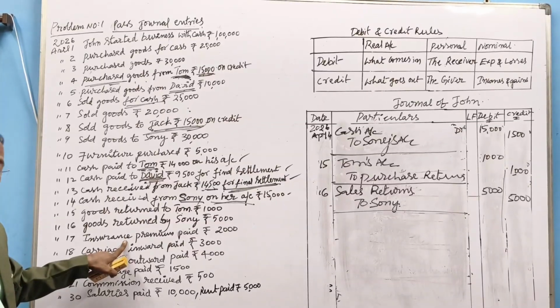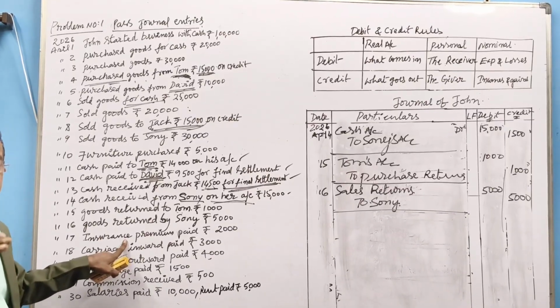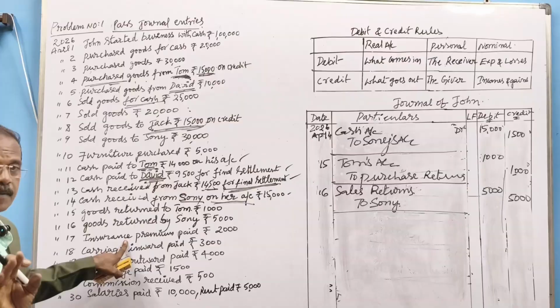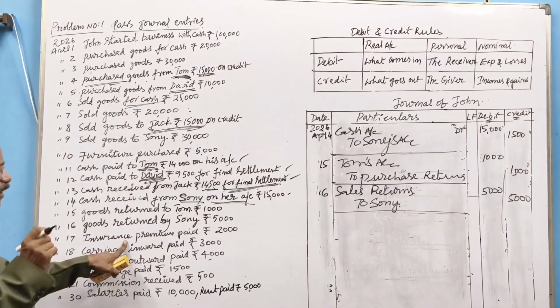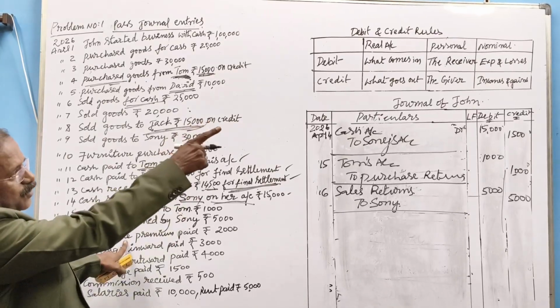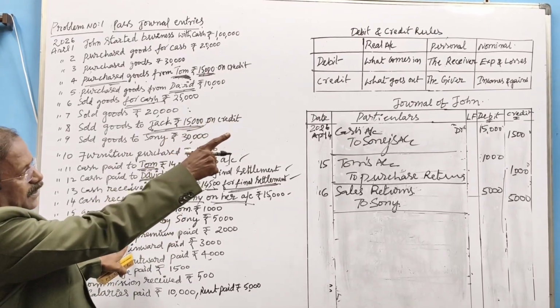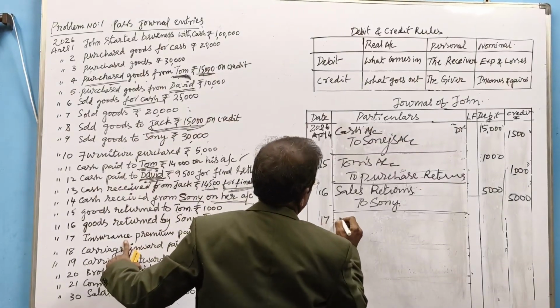But if any loss occurs, the entire value of the goods, for how much the goods are insured, that will come. That is a different issue. Now we are paying insurance premium which won't come back. It is an expense. Whenever you see any expense in any transaction, you have to go to the nominal rule. Debit expenses.